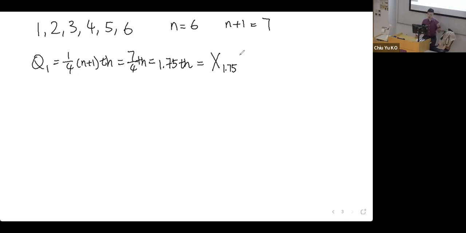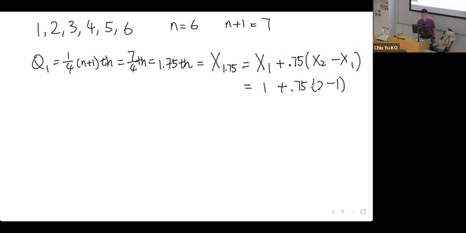So it's very simple: x1 plus 0.75 times (x2 minus x1). x1 is 1 here and x2 is 2, and that gives you 1.75.